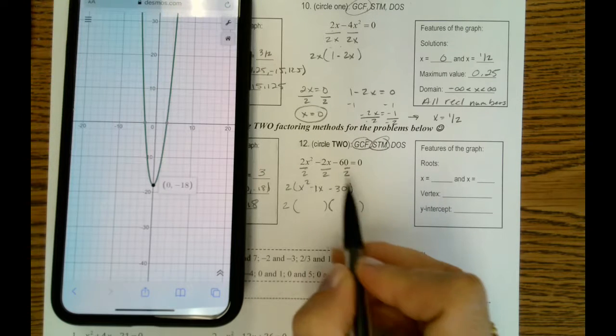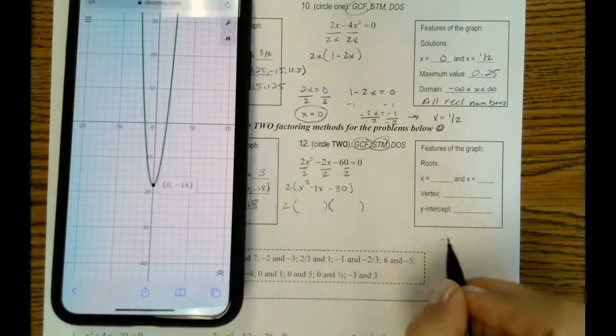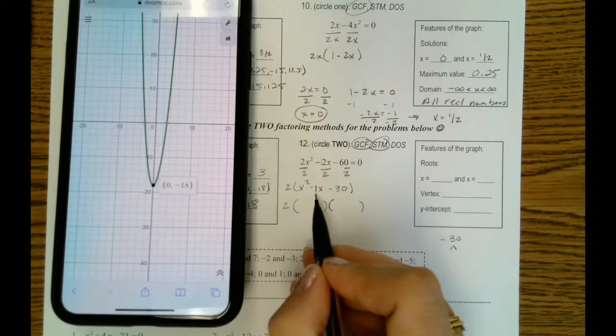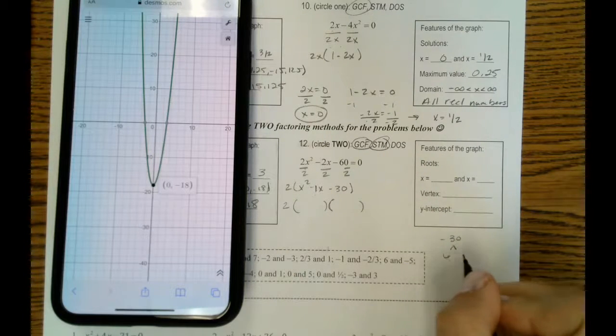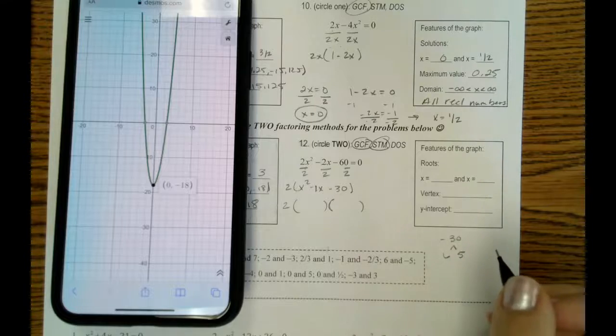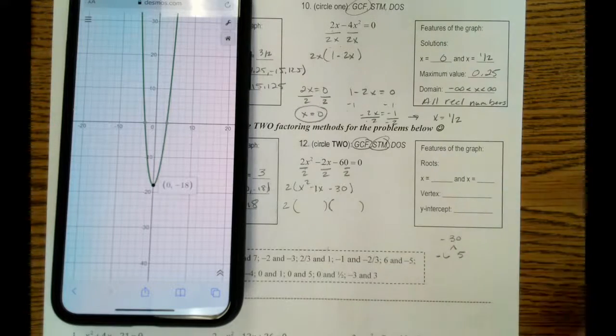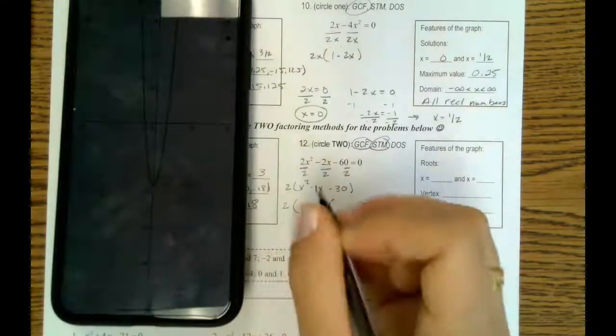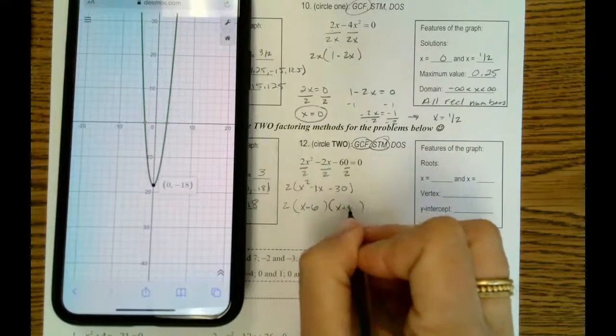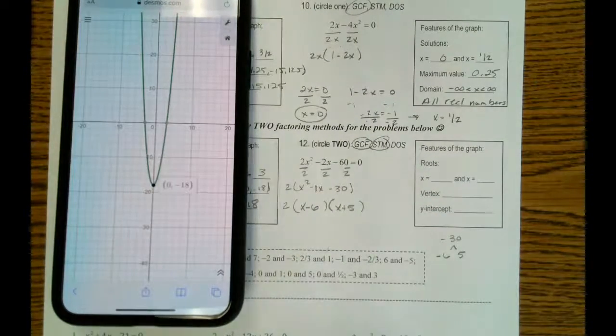So we want to find two terms that multiply to negative 30, but add to negative 1. Well, we can do 6 and 5 if we make the 6 negative. So we have x minus 6 and x plus 5.